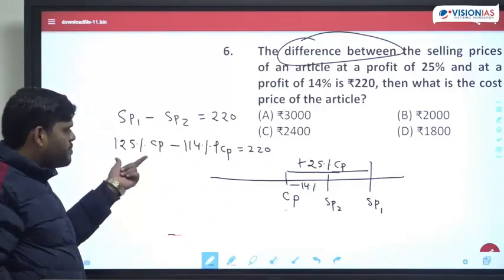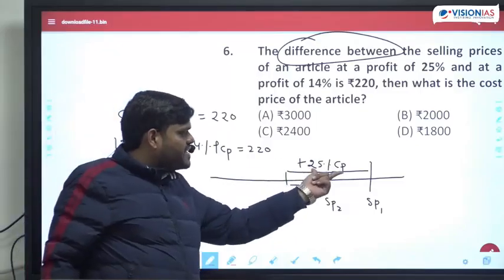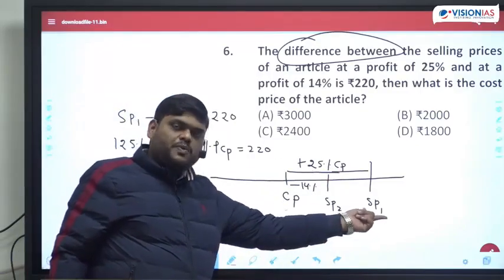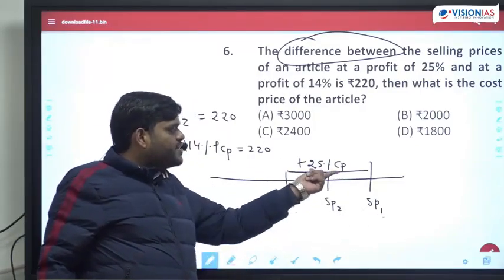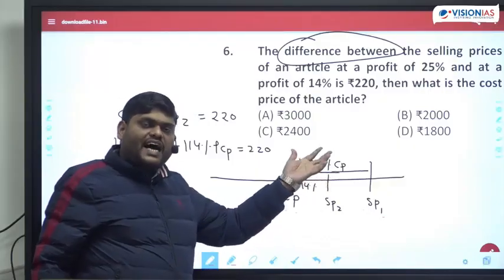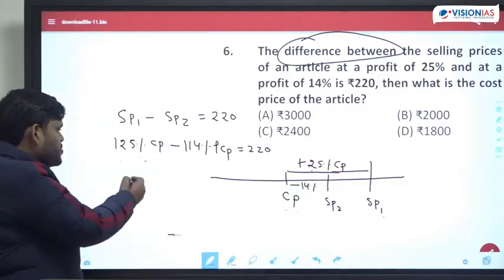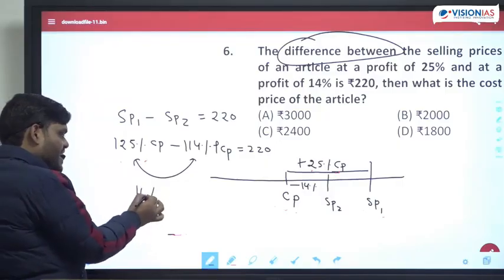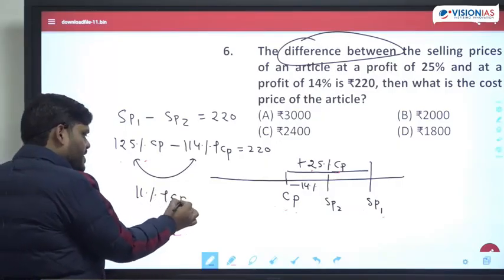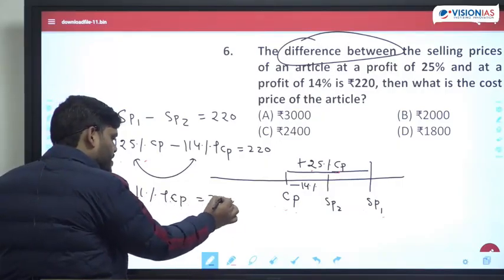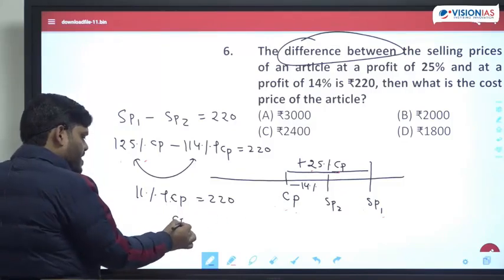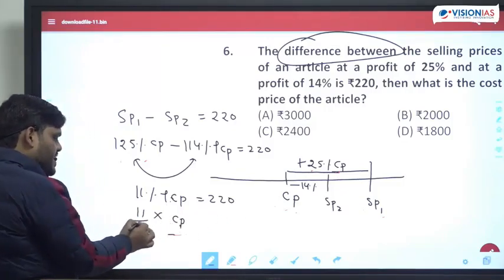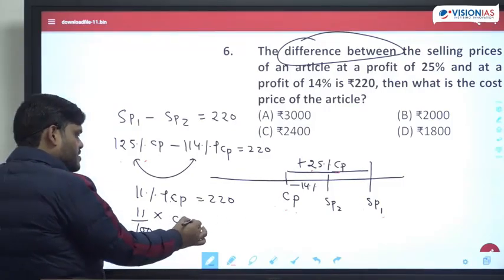Why 125%? Because profit is there, so SP1 is equal to 125% of CP because there is an addition of 25%. So from here we can say that 11% of CP is equal to 220, which is 11 upon 100.